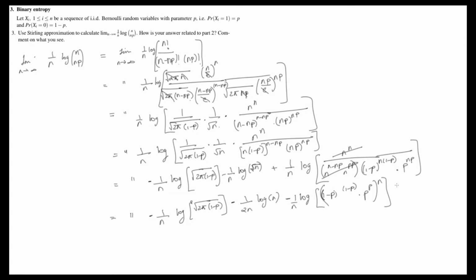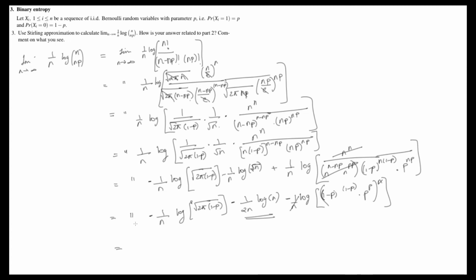Now when we have this, n will come out in the log, because log of a to the x is x log a. That's exactly what I used to pull out the half here. So when the n comes out, you know that it's going to get cancelled with the 1 over n, so I'm just going to cancel it right away. So now, since we have no n in this expression, we only have log of something.